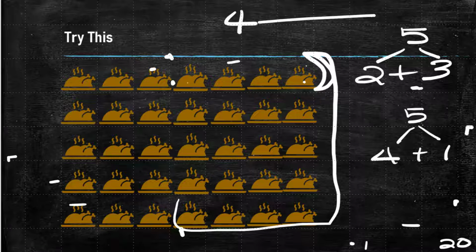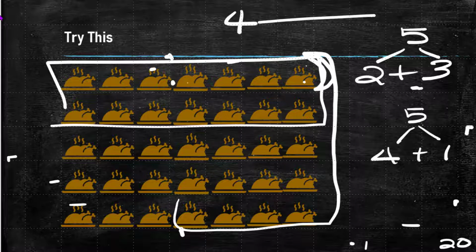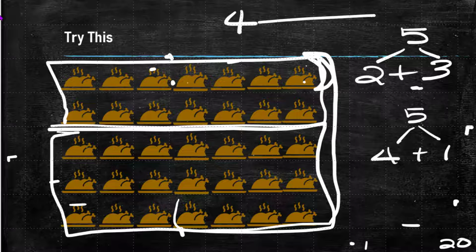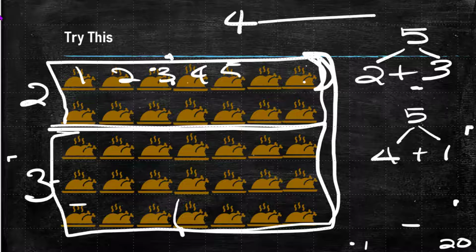That would be 1, 2, and 1, 2, 3. So instead of having a 5, I'm having a 3 on this side, a 2 on this side, but look at this. The 1, 2, 3, 4, 5, 6, 7 in each row remains the same.